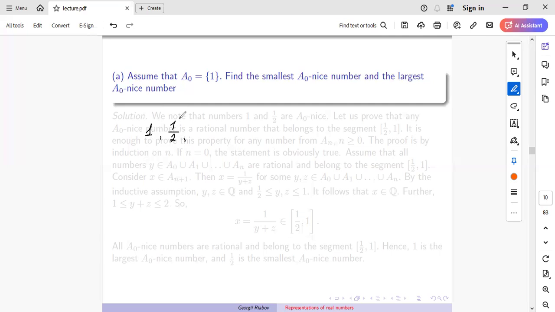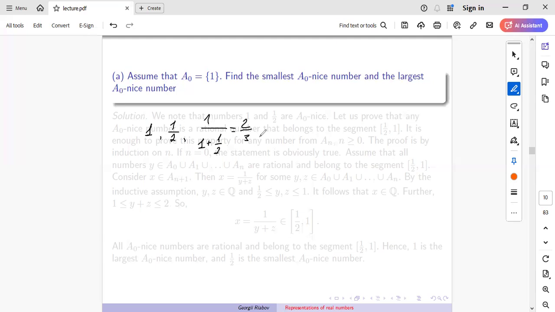If we take 1 and 1/2, we get 1 over 1 plus 1/2, which is 2 over 3. Again, if we take 1/2 and 1/2, we will get 1.